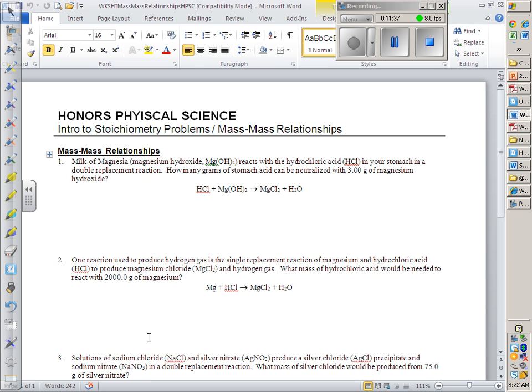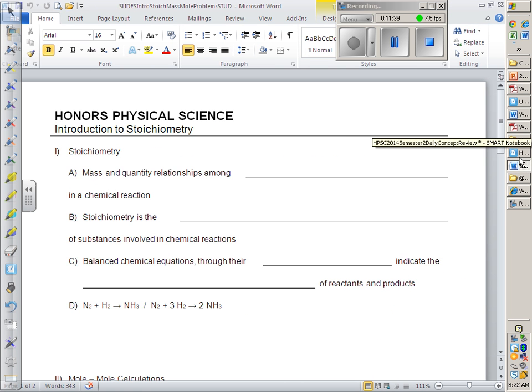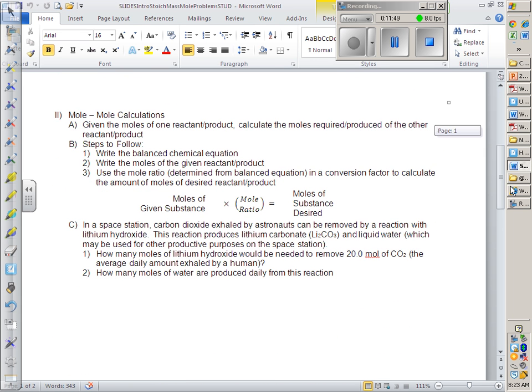next, on your outline, on Wednesday, we talked about Roman numeral number 2, which is our mole calculations. That's the basis of all of our stoichiometry problems dealing with the mole ratio.